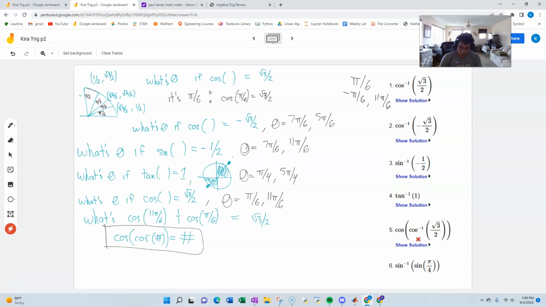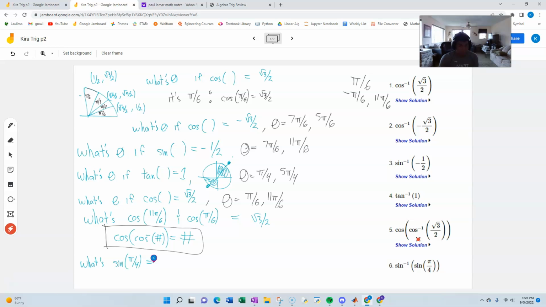Okay, and what about sine inverse? Do you think it's the same trick? I don't know, right? Cosine and sine are pretty similar, but sometimes they're completely different. So let's just ask the simple question again. What's sine pi over 4?